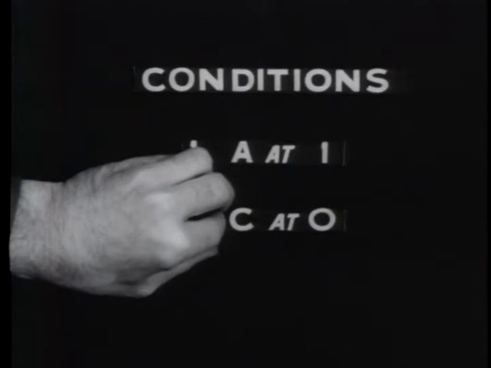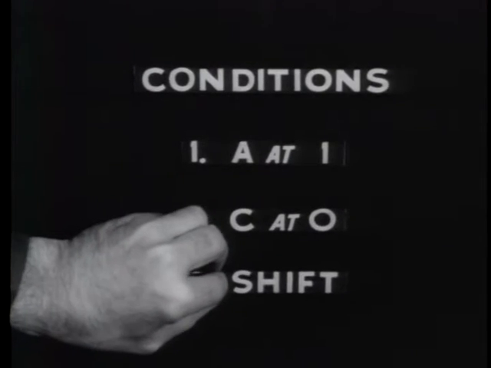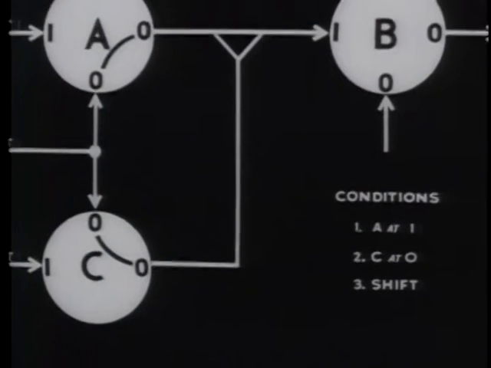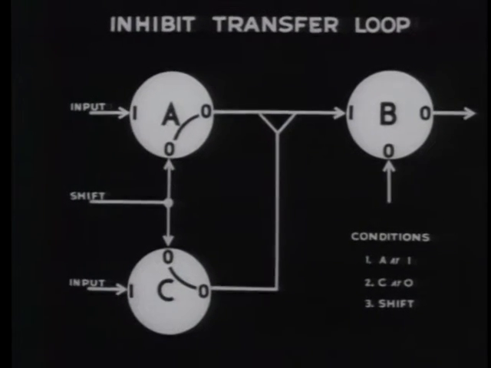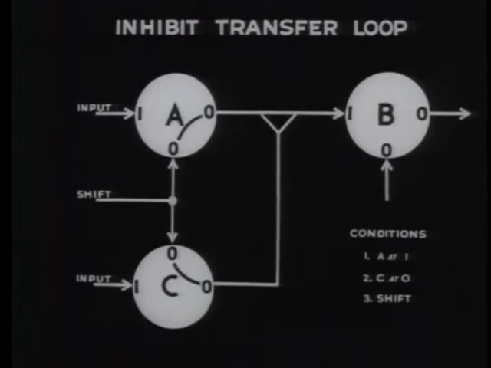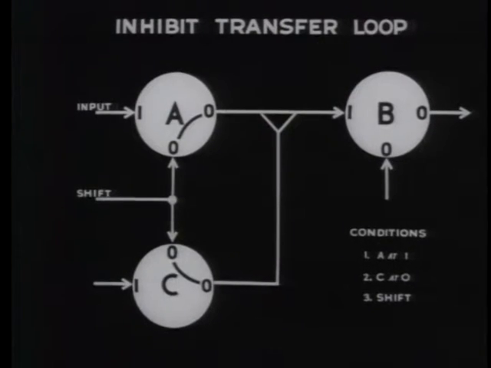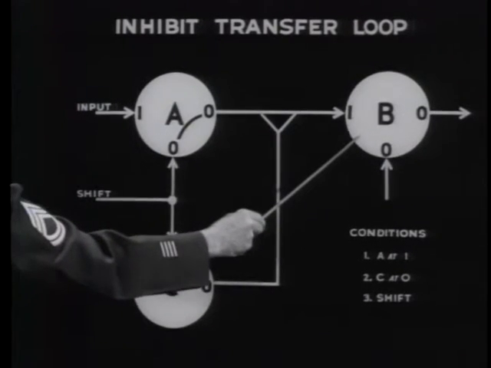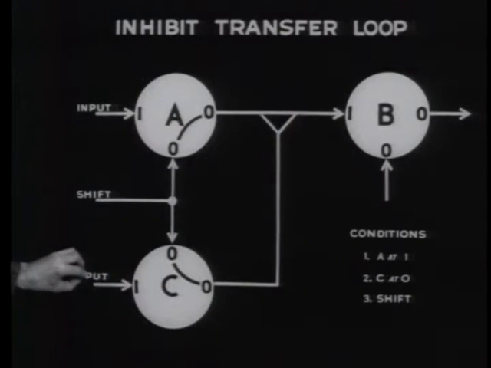Core A must be at 1, core C must be at 0, and the shift pulse must be applied. In other words, assuming, as usual, that the 3 cores are initially at 0, if there is a non-dot input at A and no such input at C, then the shift pulse will transfer a 1 from A to B. But if the input does come in at C, there will be no transfer.